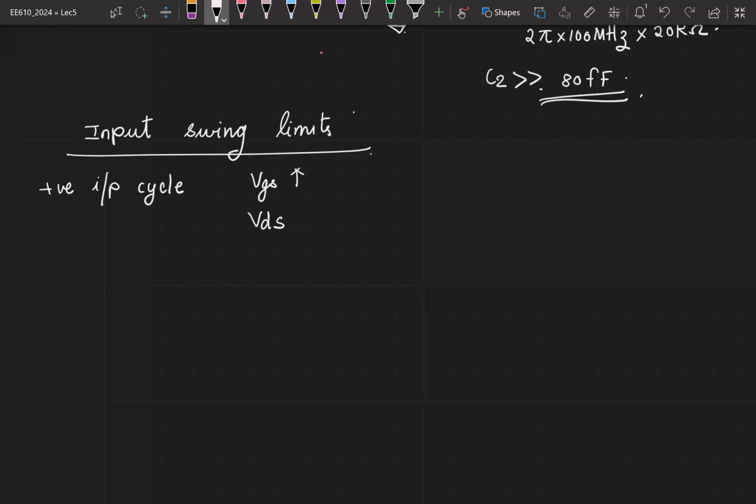The total drain voltage is going to decrease. And the total drain current is increasing, decreasing, increase, right? So what is the possibility? This will enter into linear region.